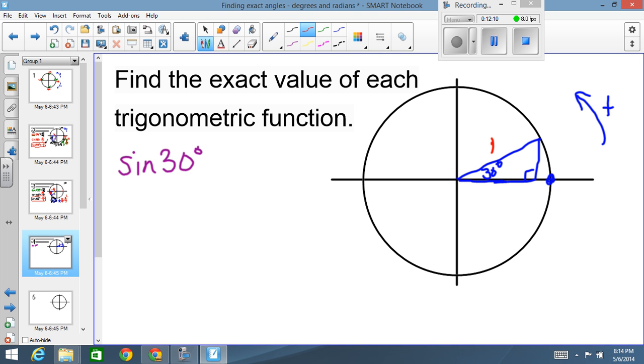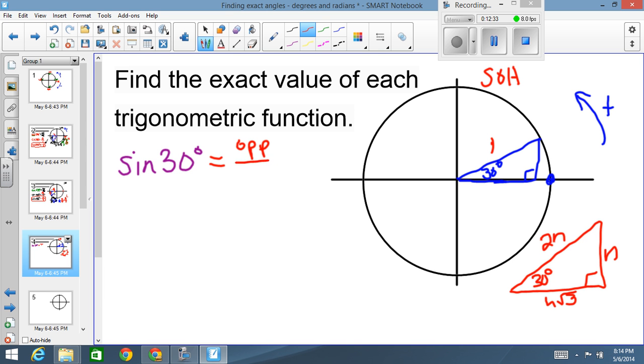So now what I need to do is take my 30, 60, 90 template, knowing that the side across from the 30 is always the shortest, hypotenuse is always the longest, middle side is n radical 3. Now if I'm doing sine, because of our good old friend SOHCAHTOA, I'm doing opposite over hypotenuse. If I'm going from my hypotenuse, which I have, is 1, to my shortest side, I'm dividing by 2.